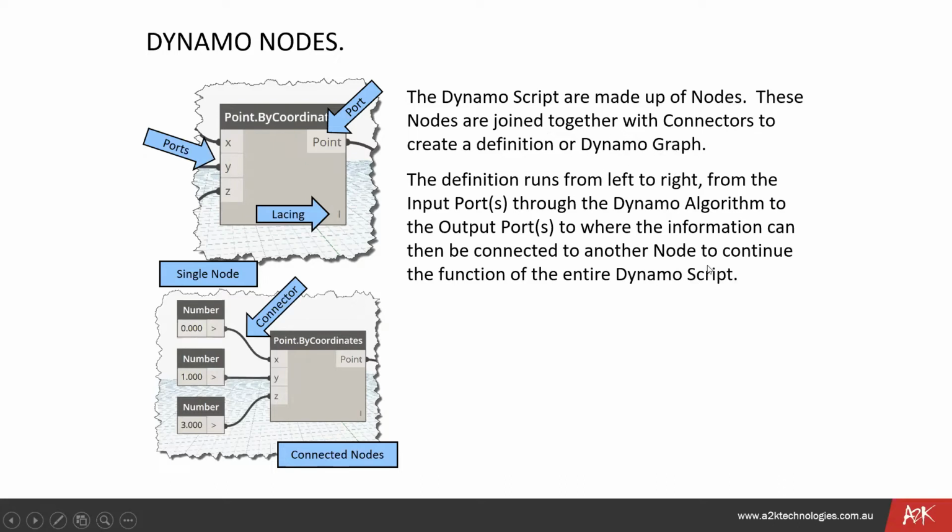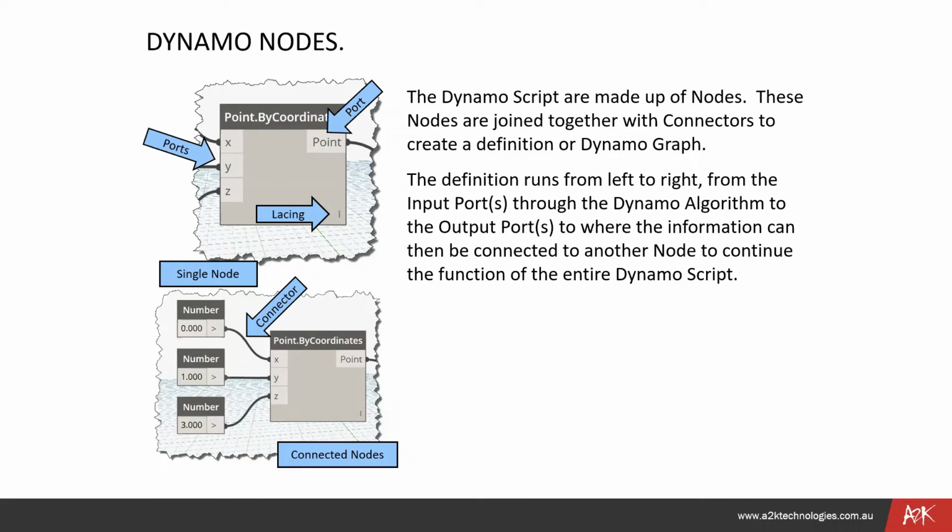Same diff. I don't know why everyone keeps calling it different things. Like a model and a project in Revit, I suppose. So the definition does run from left to right, from the input ports to the output ports. So that connection will be all connected together to another node to basically do the whole script.